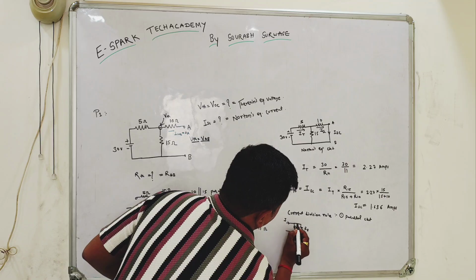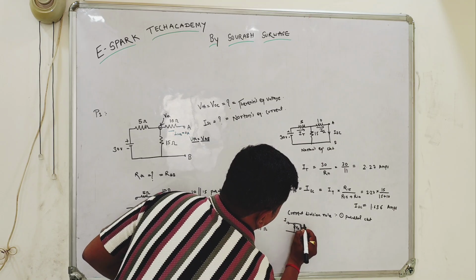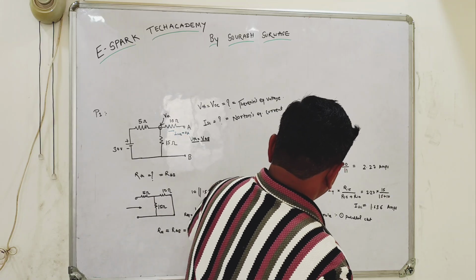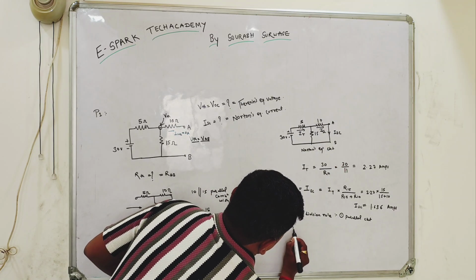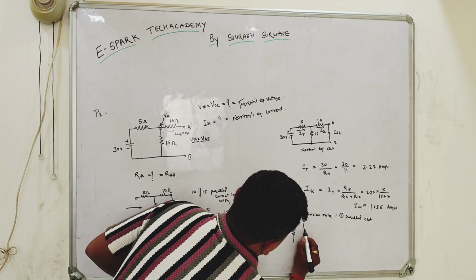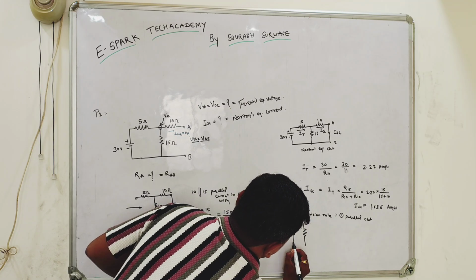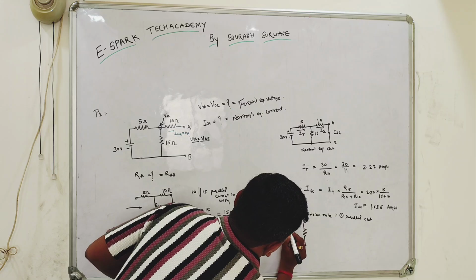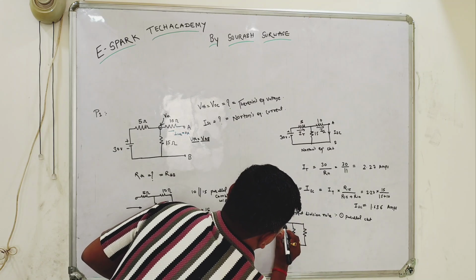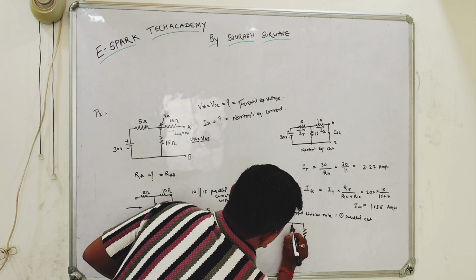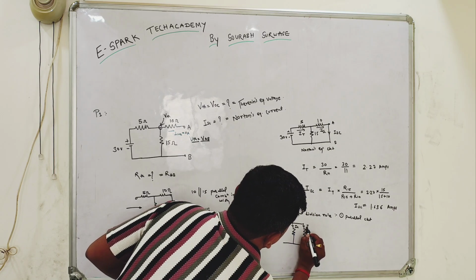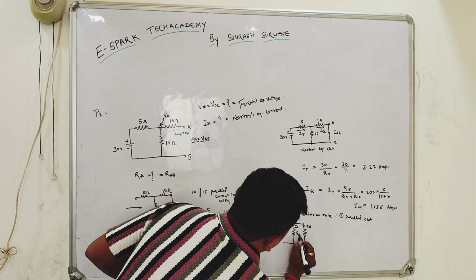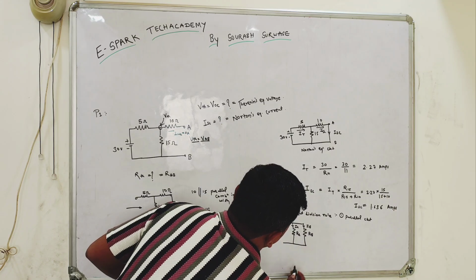This is the main current I, here it will be IA, here it will be IB, this will be RA, this will be RB.